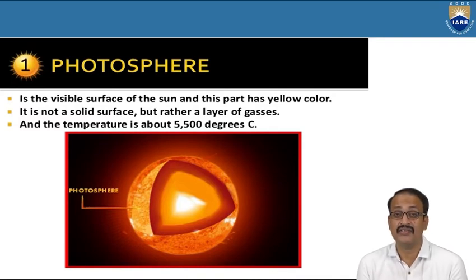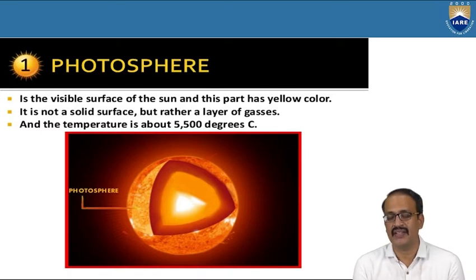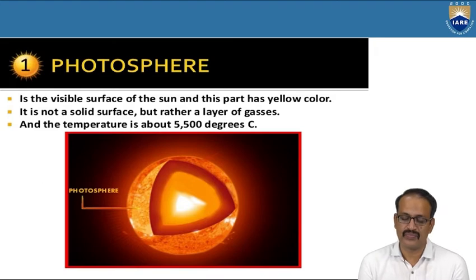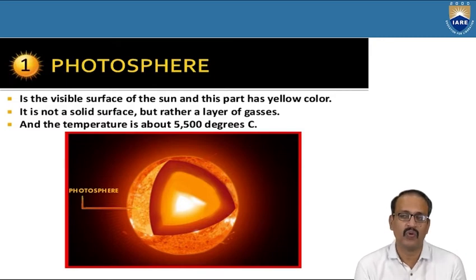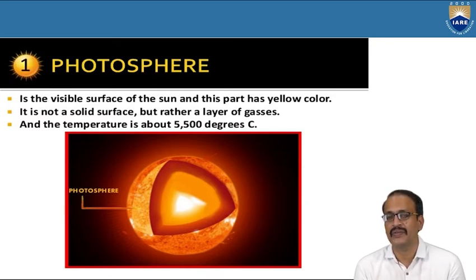It is not a solid surface, but rather a layer of gases, and the temperature is about 5500 degrees centigrade. Photo means light. It is the visible surface of the sun.